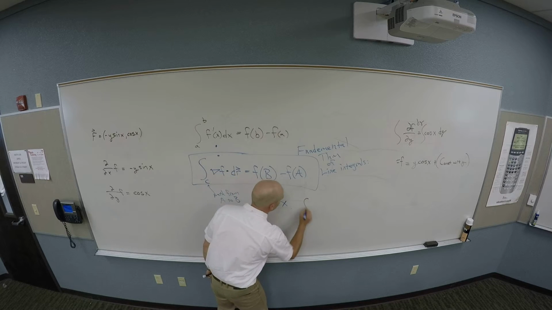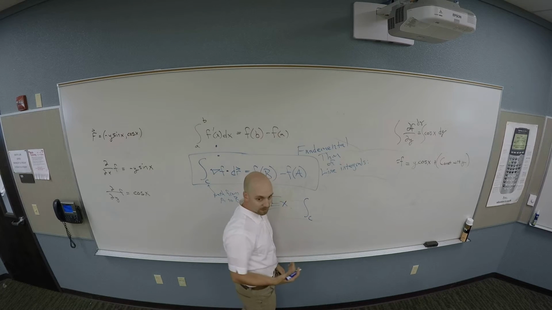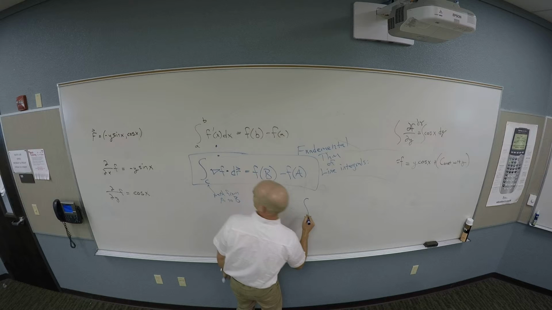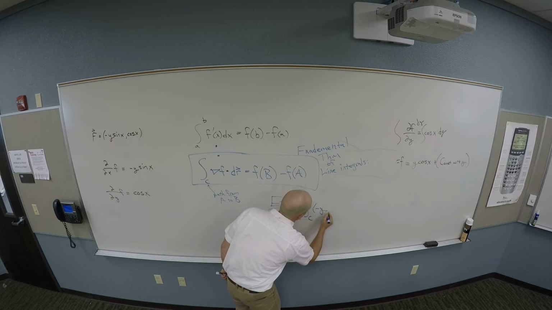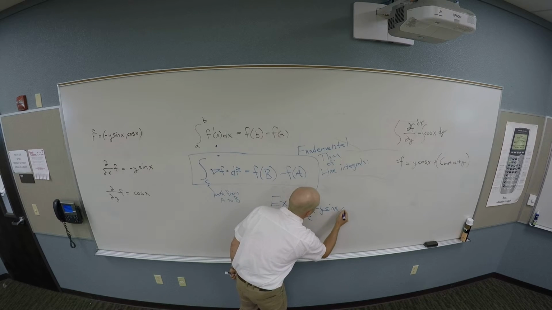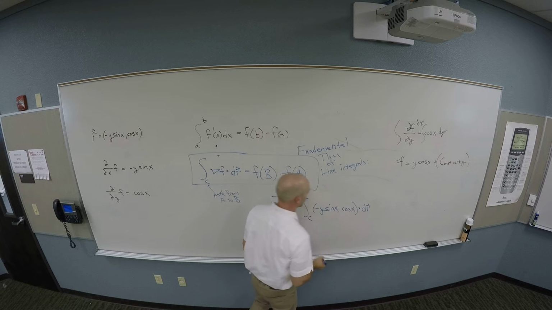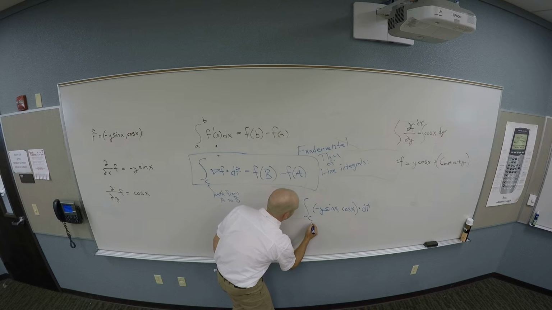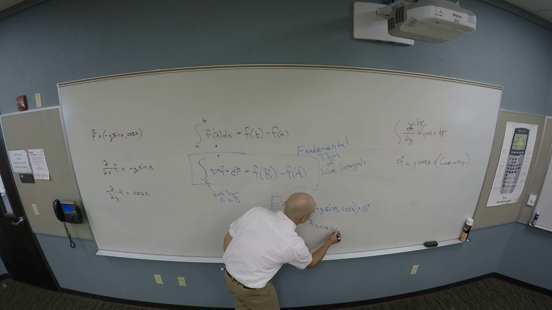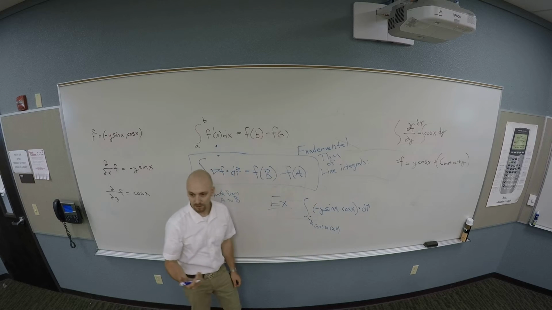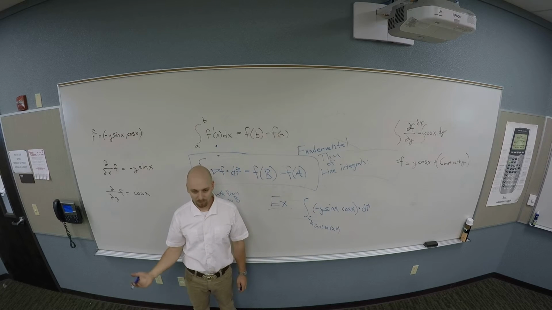I was trying to integrate over some path C of minus y sine x, comma cosine x, dotted with dr, where C went from 0, 0 to 2, 4 along some parabola. But I don't give a flip what path it goes along. I just couldn't care less.